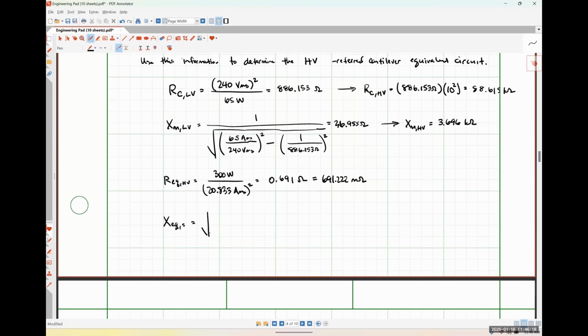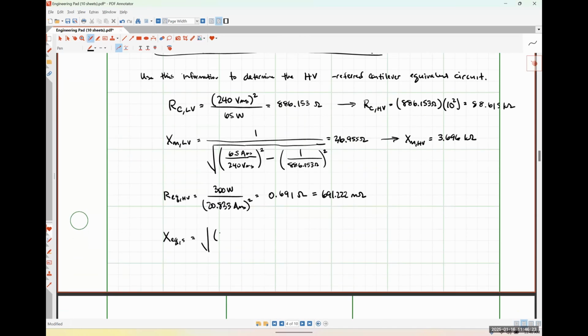So square root of our voltage, which was 45, our current was 20.833, square this whole thing, minus 0.691 ohms quantity squared. And this comes out to be 2.046 ohms. And we now have the 4 different parameters of our equivalent circuit.